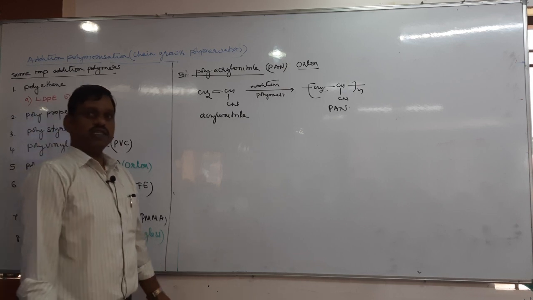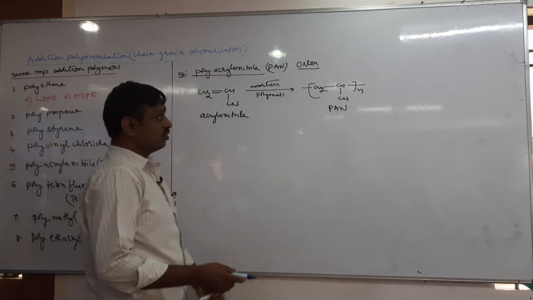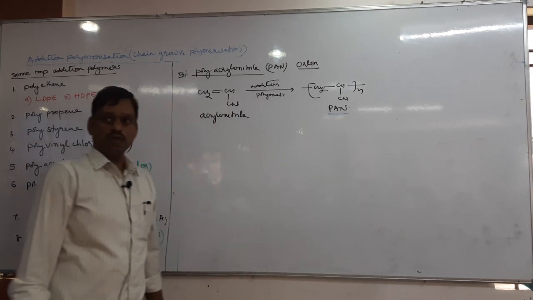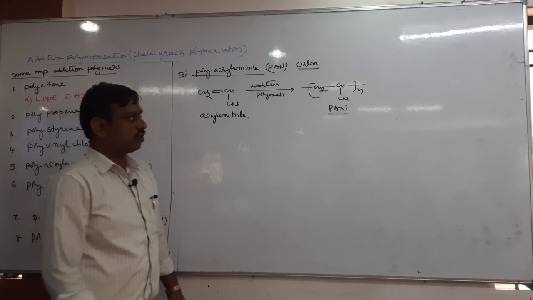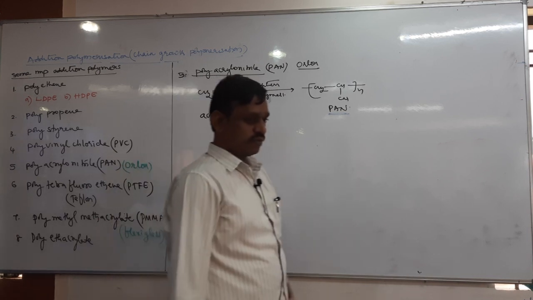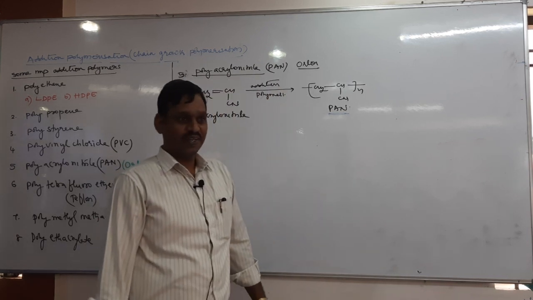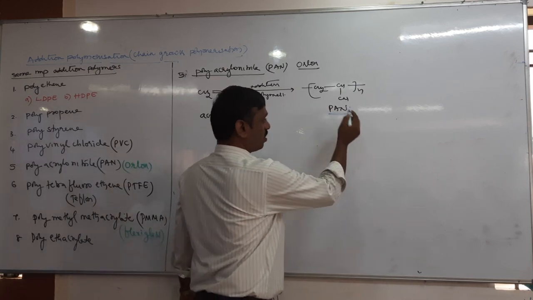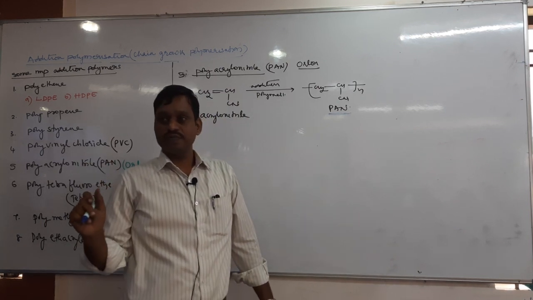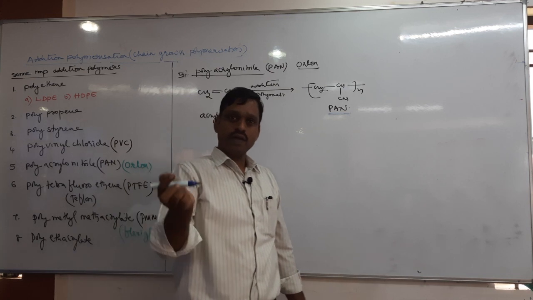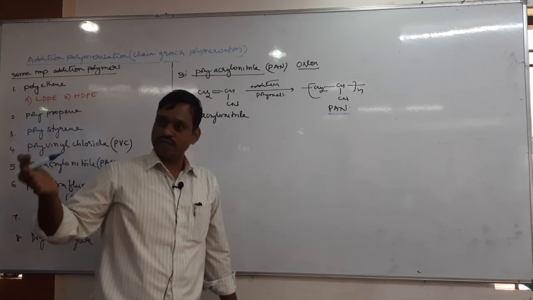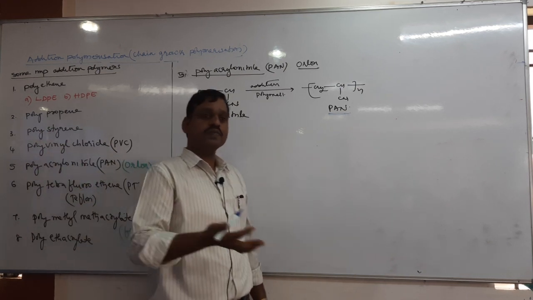Okay, then where is this PAN used? So this PAN is important particularly in what do you say? In fabrics or which industry? Textile industry. Okay, so it is important in the textile industry, and moreover, this PAN is also called artificial wool. Usually, wool can be taken from the sheep. Is sufficient wool available from the sheep? Not.